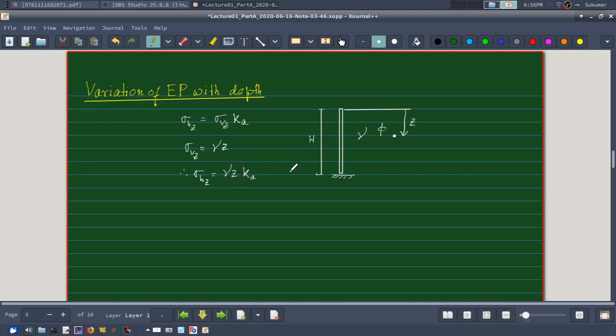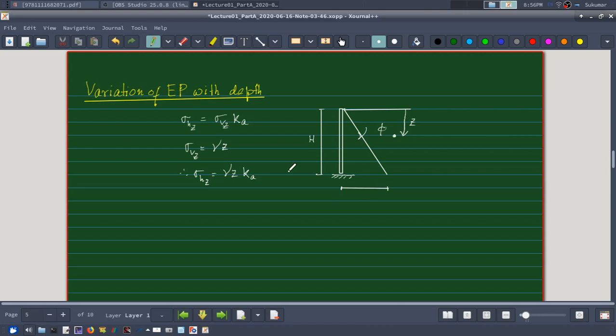And therefore if I draw the earth pressure diagram, at Z equal to 0, earth pressure will be 0 here, and it will vary as a straight line, and it will be maximum at the bottom where I have the depth as h, and therefore this value will be how much?